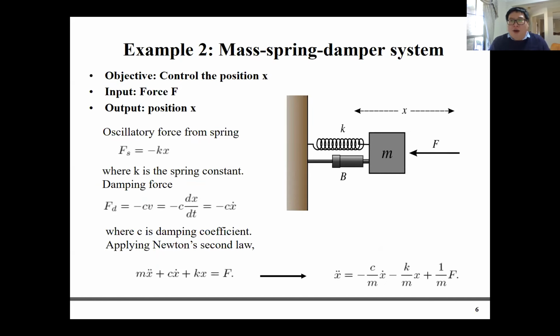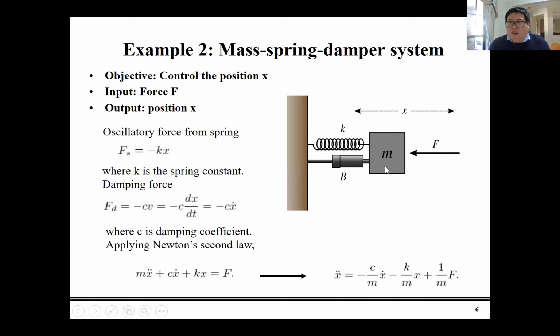Then the sum of the force is the F, the force we pushed, minus the force from the spring. The force from the spring is K times X. X is the position of the mass, right?